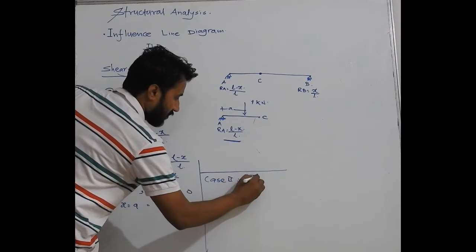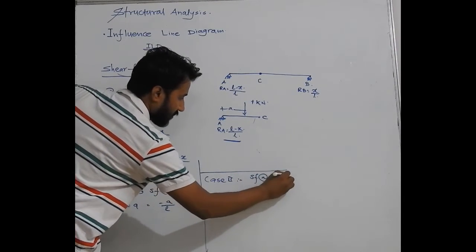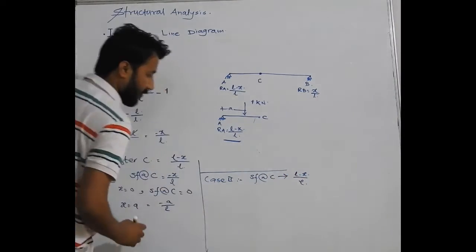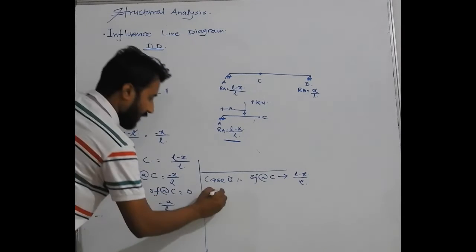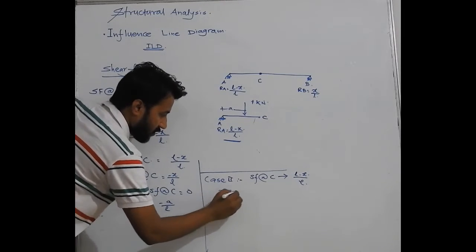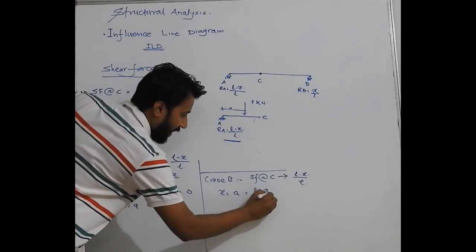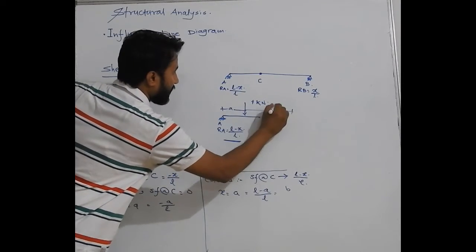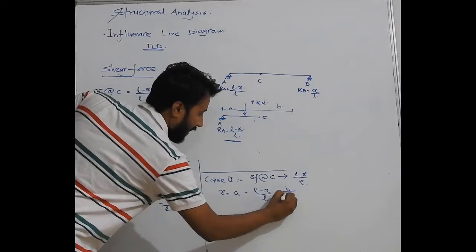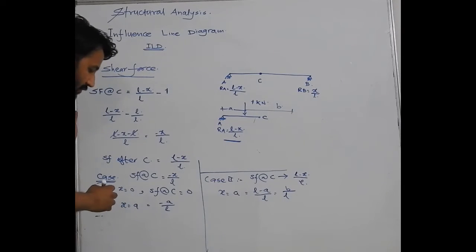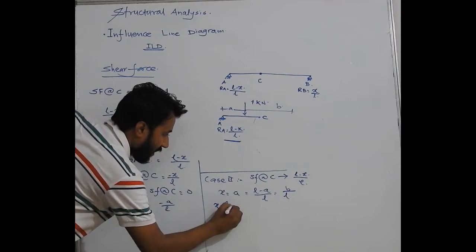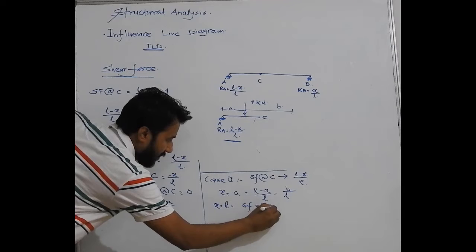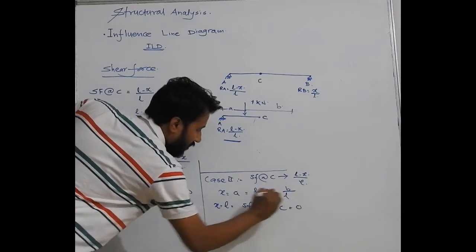Case 2 is shear force after C, when the load is moving after C. We know that it is L minus X by L. If you put X equal to A, this is L minus A by L, and L minus A is nothing but B, if we consider the remaining portion as B. So this is B by L. Now if you put X equal to L at this point, shear force after C must be equal to 0.